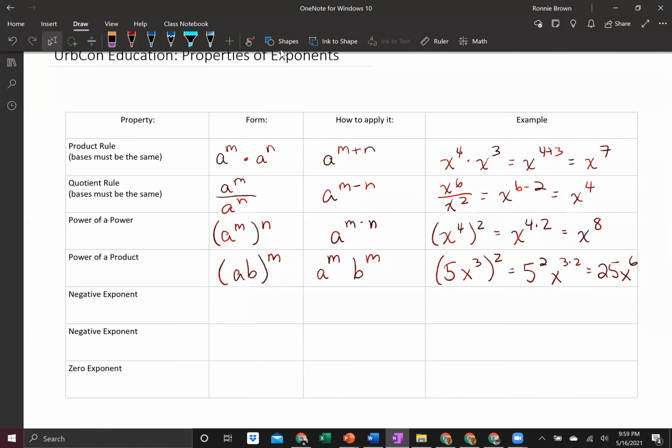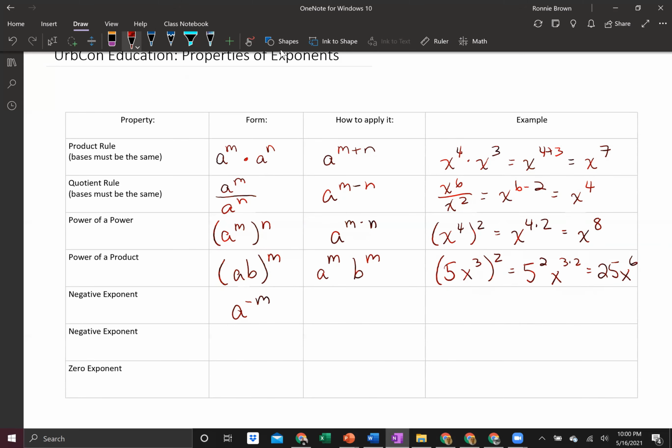All right, now looking at one of the negative exponent properties. We have here a to the negative m. So in this property, we're saying to ourselves, whenever there's a negative exponent, that's something we don't want. We want to always try to get rid of negative exponents. Right now, this a is actually really in the numerator, right? We just don't write it as a to the negative m over 1.